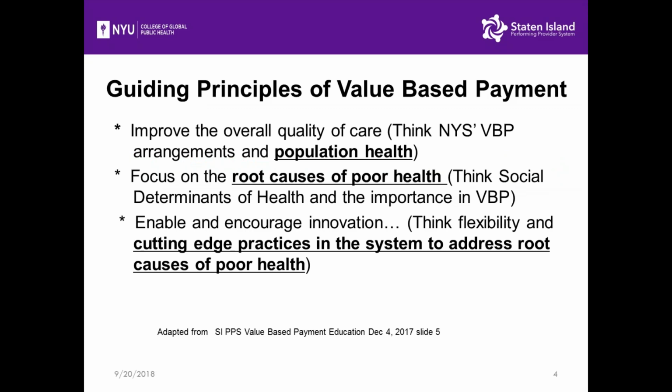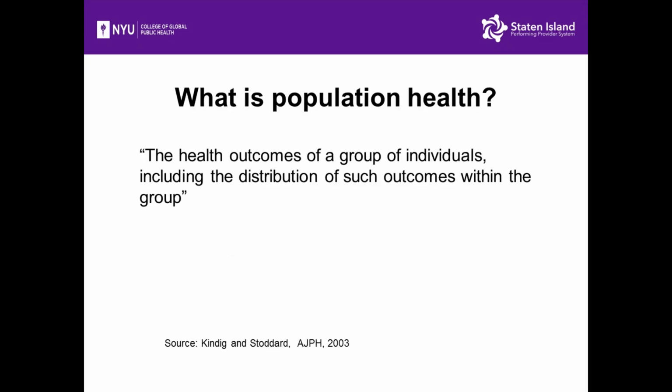Here I have taken a few of the many guiding principles of value-based payment to highlight those that focus on population health and root causes or social factors that influence it. I think these principles indicate the growing recognition that it's important to address root causes that influence population health and that new strategies will be needed to address them.